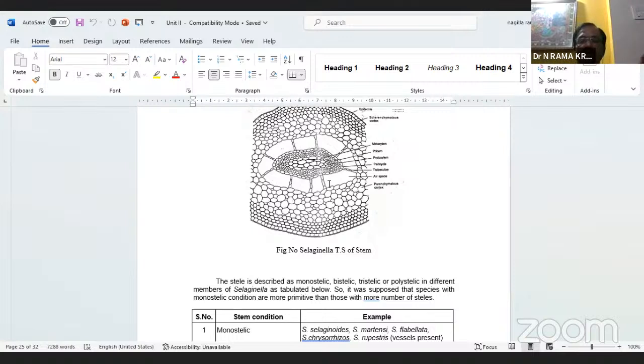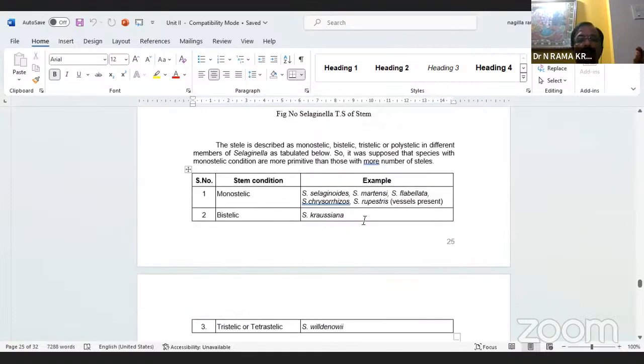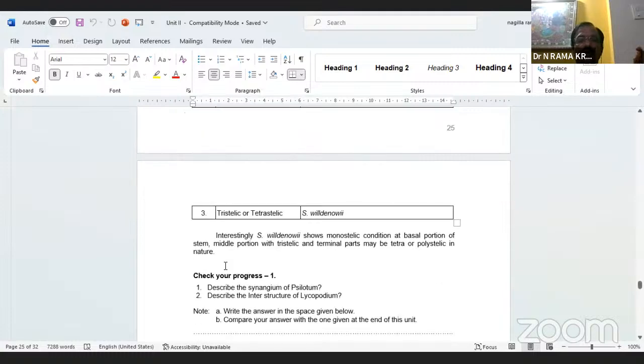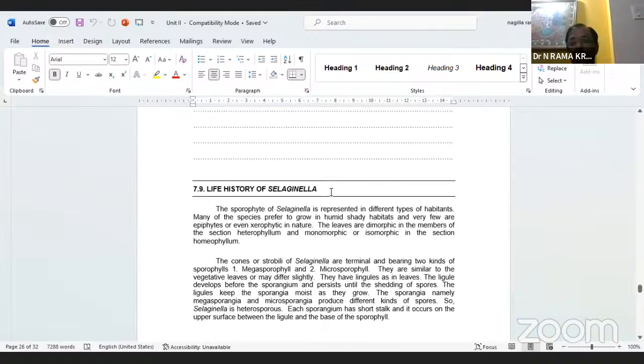Sometimes more than two steles are seen, that is polystelic, based on the plant structure. Here is an example of monostelic, and here is one more example of bistelic. So this covers the external and internal structures of Selaginella.